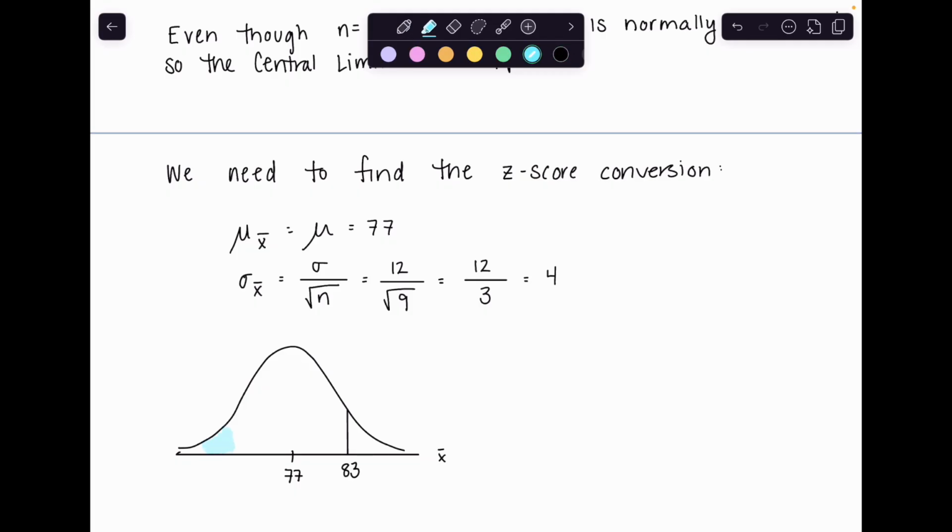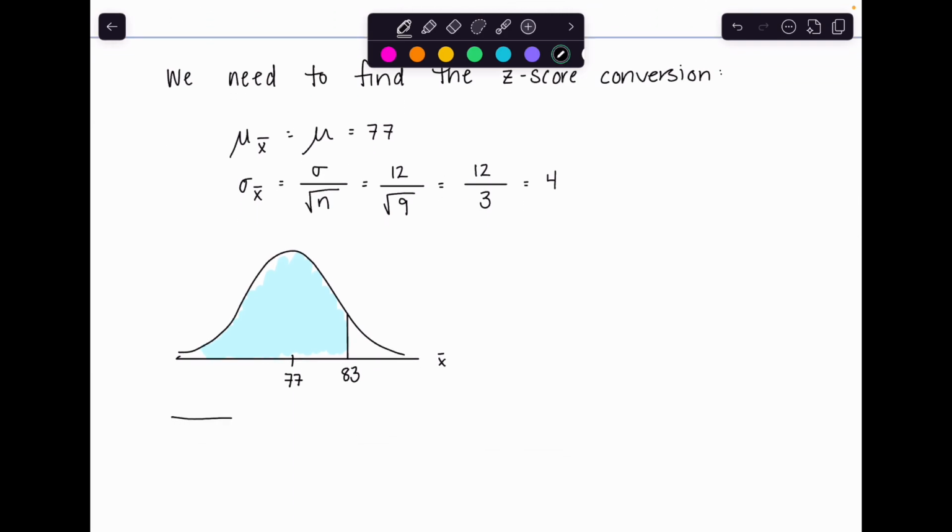And I want what's the area under here. The main difference is I have a different standard deviation. So when I go to find my z-scores underneath this, when I convert over my 83, my z-score is 83 minus 77 divided by 4 instead.